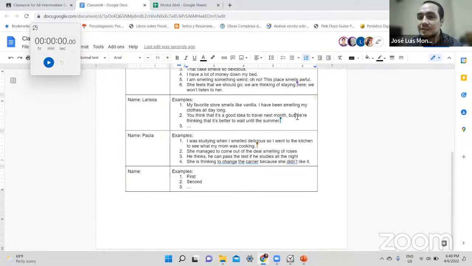But if you realize the second part is the same, we are thinking that. So it's also opinion. And the rule says that with opinions, it's not a good idea to use continuous form. So you can only say, but we think that it's better to wait. Because again, you can replace this with, in my opinion, it's better to wait.